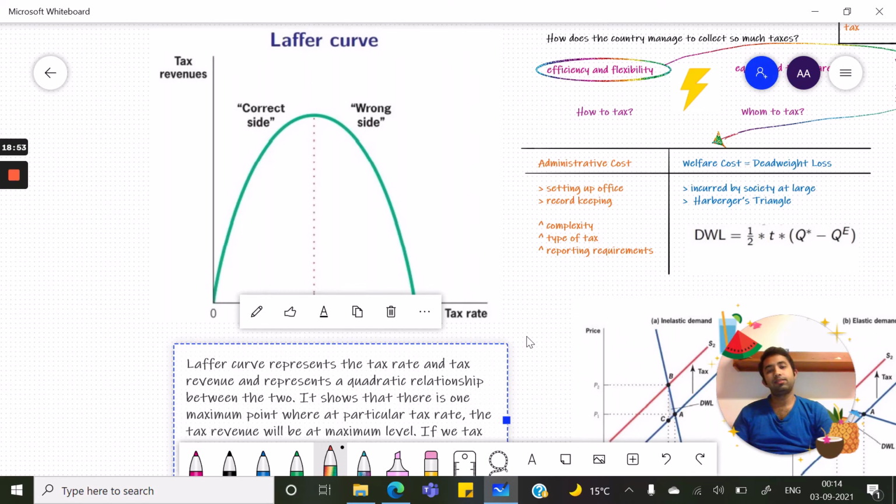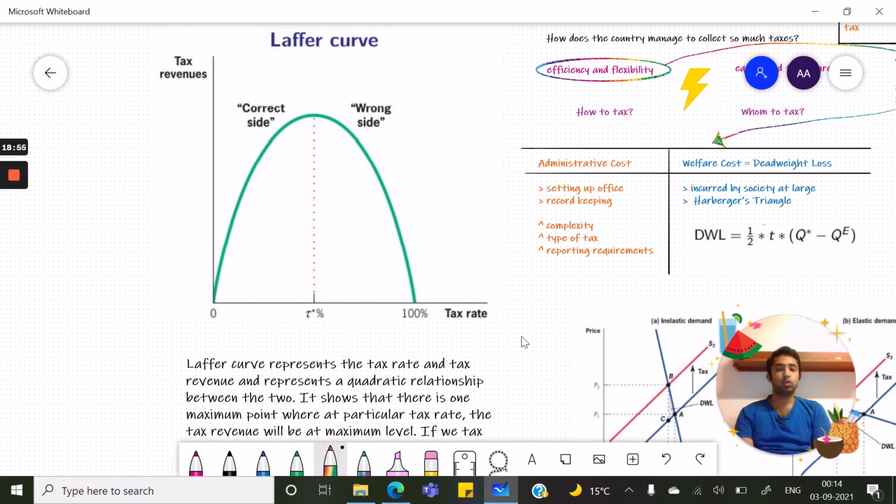So basically the Laffer curve tells us what is an optimal tax rate, right? So you keep on increasing the tax rate. First you increase the tax rate, so the tax revenue increases, and at a particular tax rate the tax revenue is maximum, right?